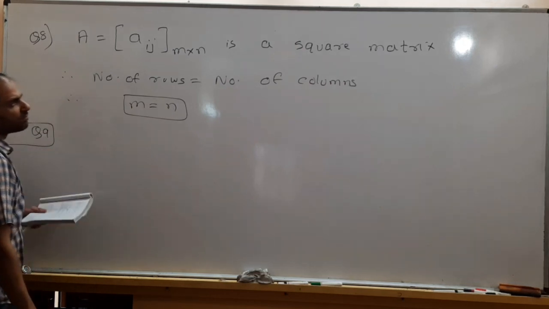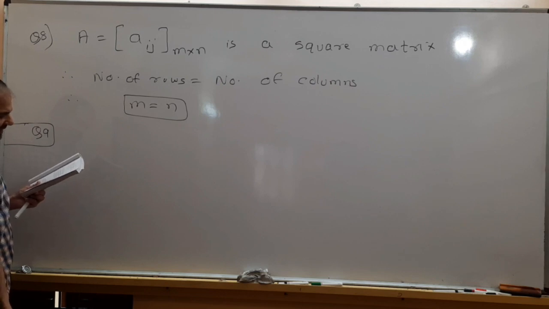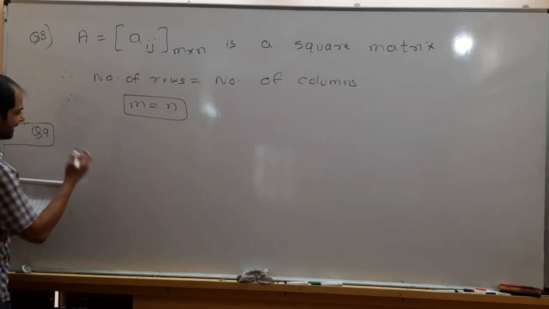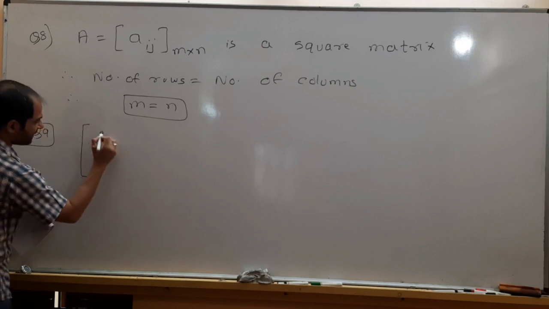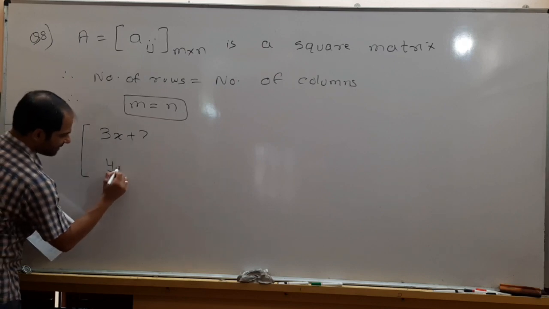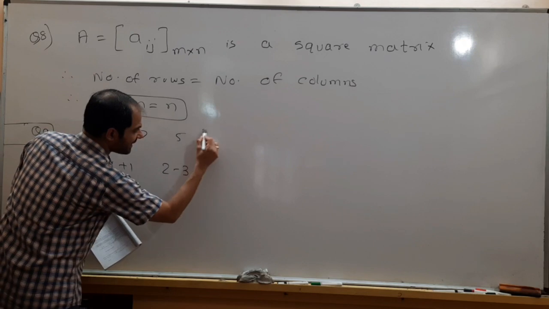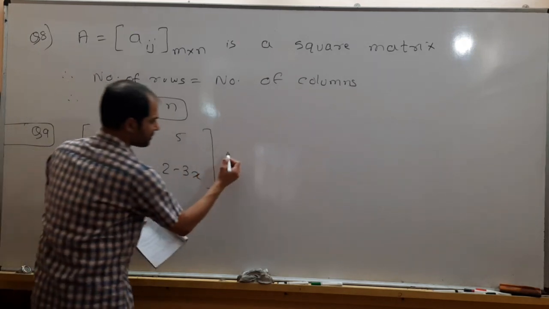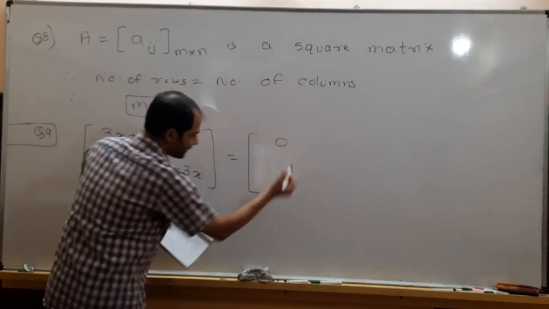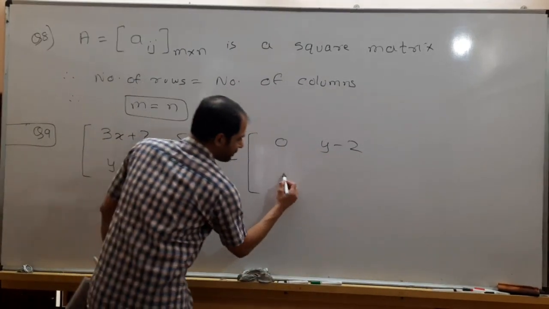Then, moving forward to question number 9. Two matrices are given as equal and we have to find if values of x and y are possible or not. So question number 9 says, matrix [3x plus 7, y plus 1; 5, 2 minus 3x] is equal to [0, y minus 2; 8, 4].